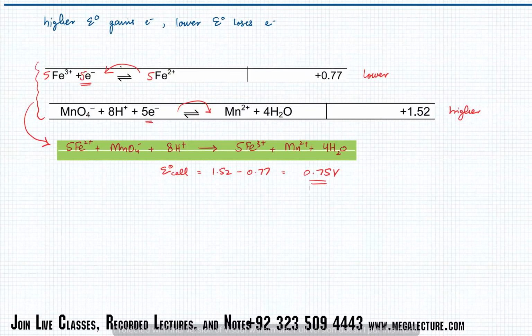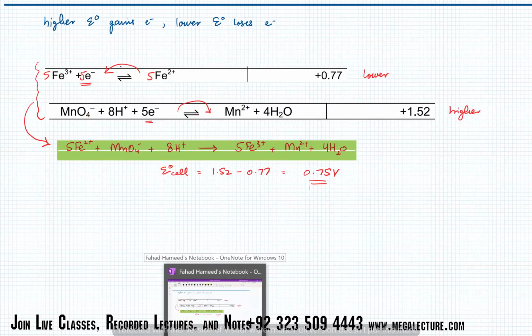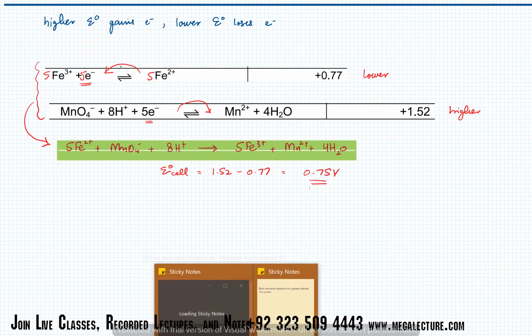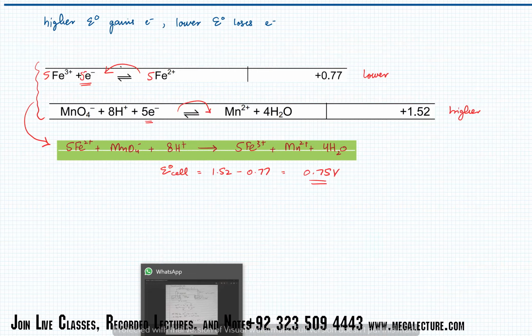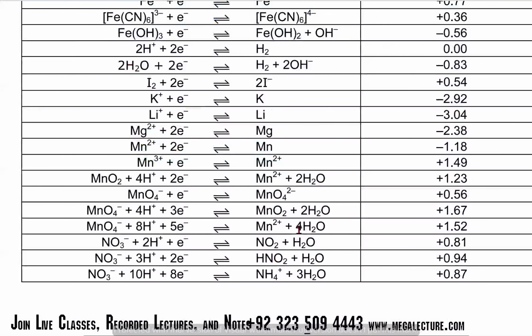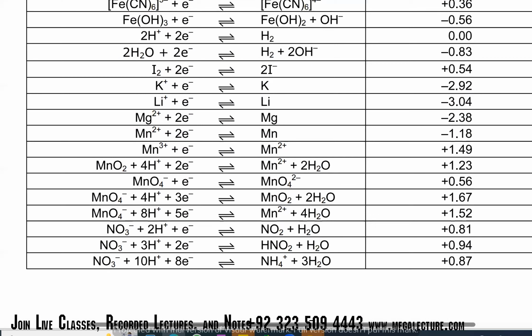Let's just do one more. Any two random electrodes. We can just do it over here. If I have this electrode, the iodine, and I want to figure out the reaction with magnesium, right?